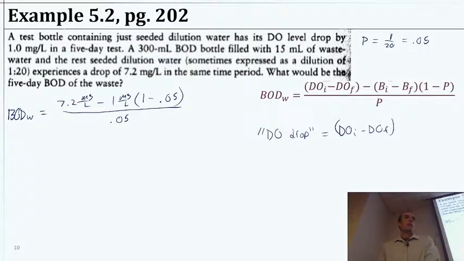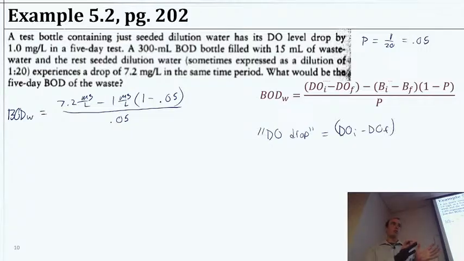All right, so one of the things that could trip you up here is if you weren't connecting the language of the problem itself when it was describing that something in the bottle dropped, some DO drop. When I was giving you DOI minus DOF, you have to interpret there that what we described in coming up with the equation in the first place was a drop in dissolved oxygen. That's what we're physically observing.